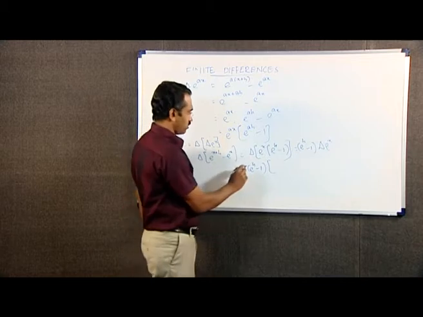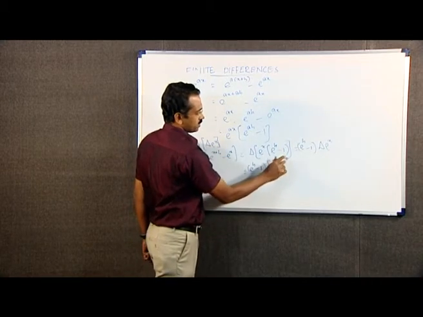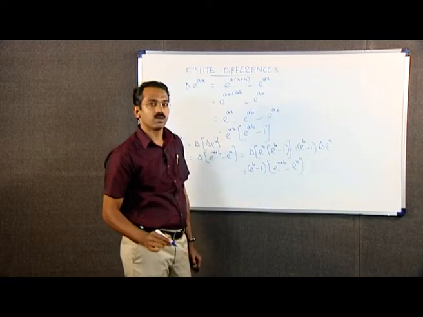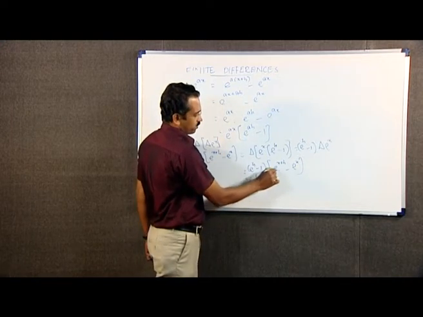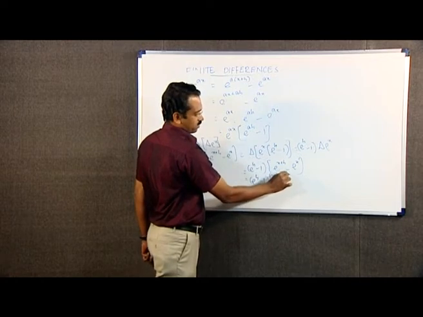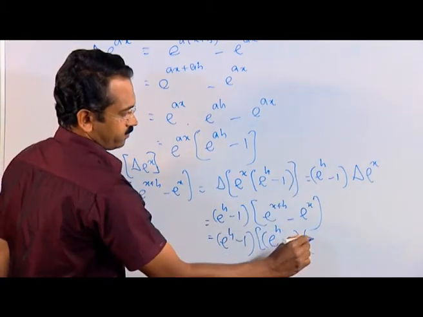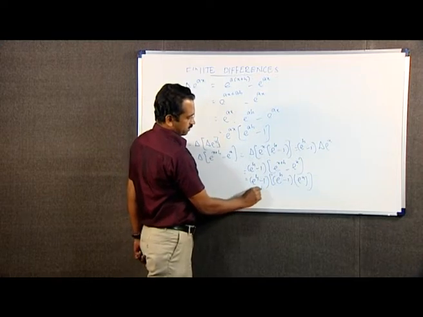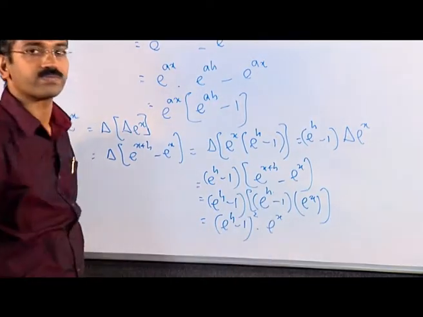That is e raised to h minus 1 into this, which is again e raised to h minus 1 into e raised to x. That is e raised to h minus 1 the whole square into e raised to x.